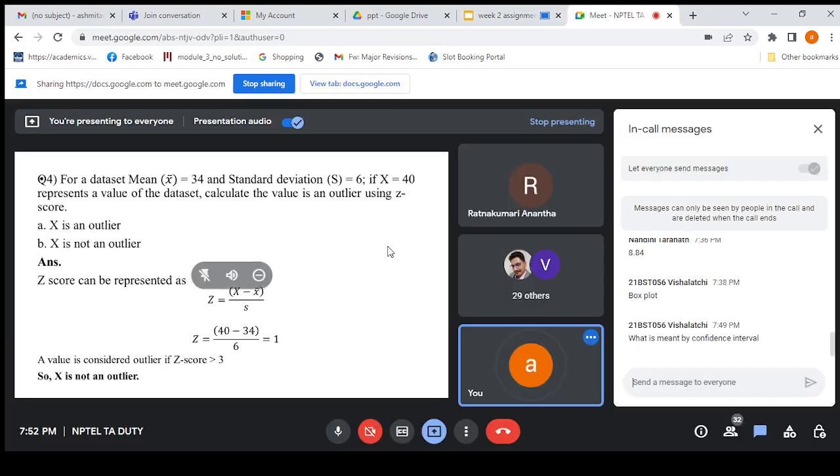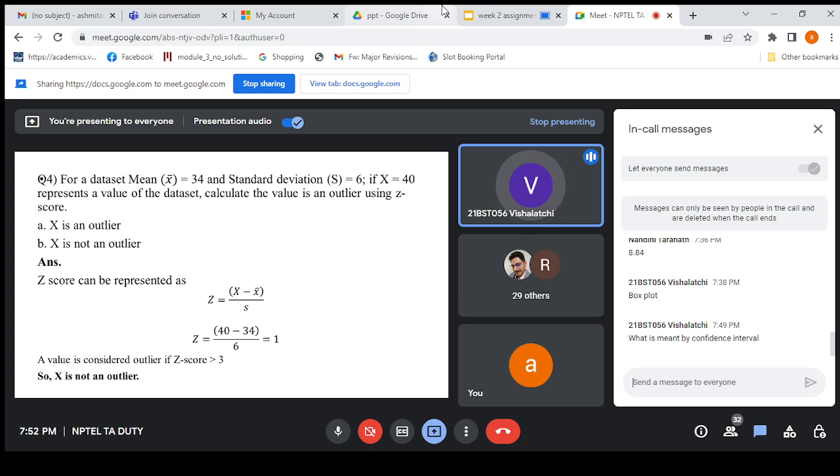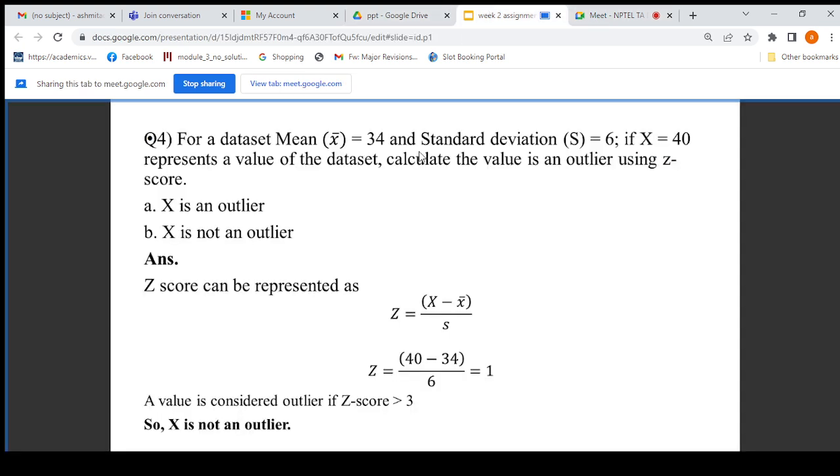Anyone else? Ma'am, what is meant by confidence interval? Confidence interval, like if you are doing any experiments, it is about up to which extent, up to which standard deviation you consider the values for your experimental purpose.